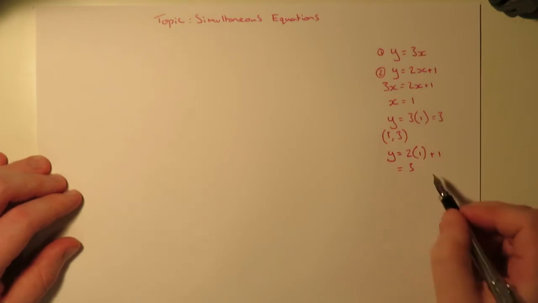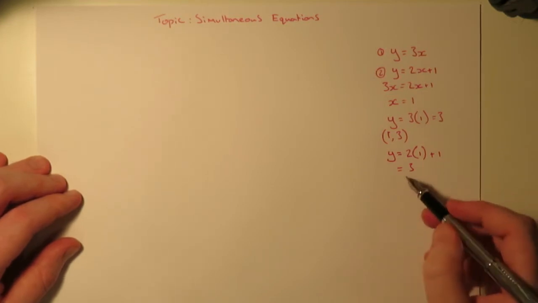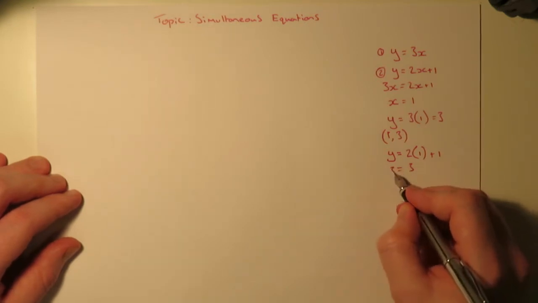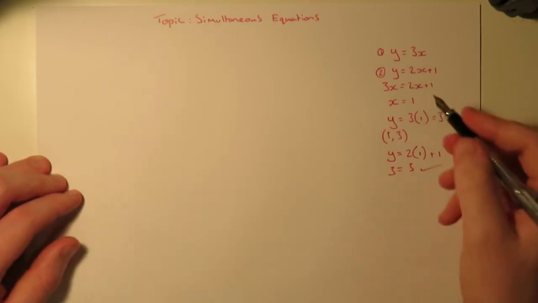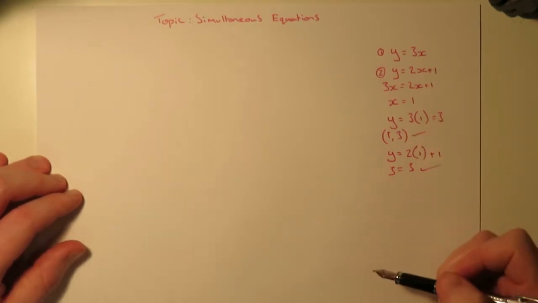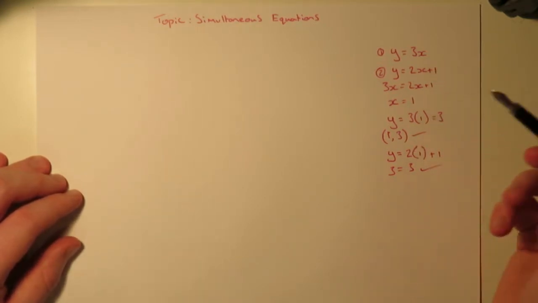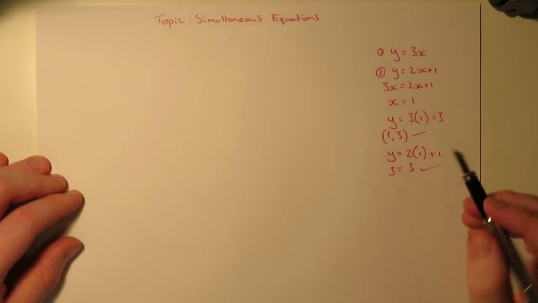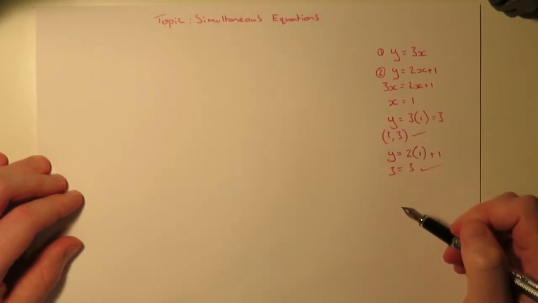Does that come out as what we were expecting? We were expecting 3, yes, that's good, so that means it's almost certainly correct. Sometimes you make a mistake somewhere, and when you do this final check you realise that you've made a mistake. Good exam technique, bear that in mind, folks.